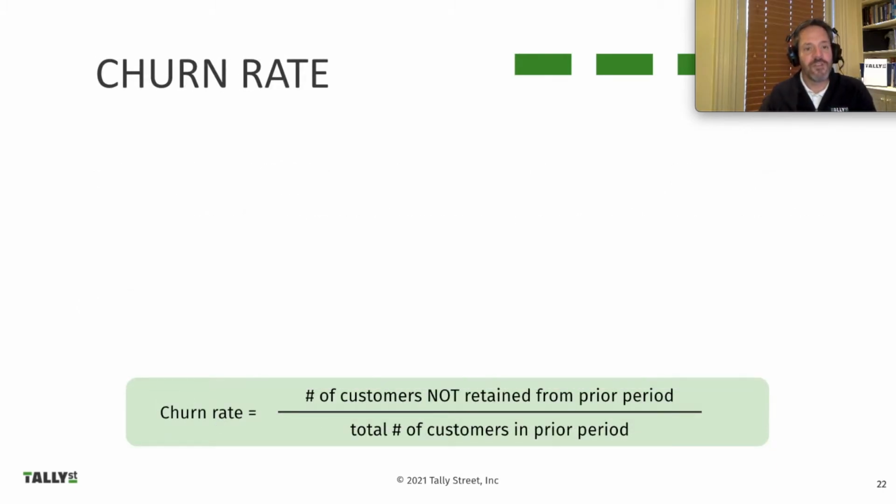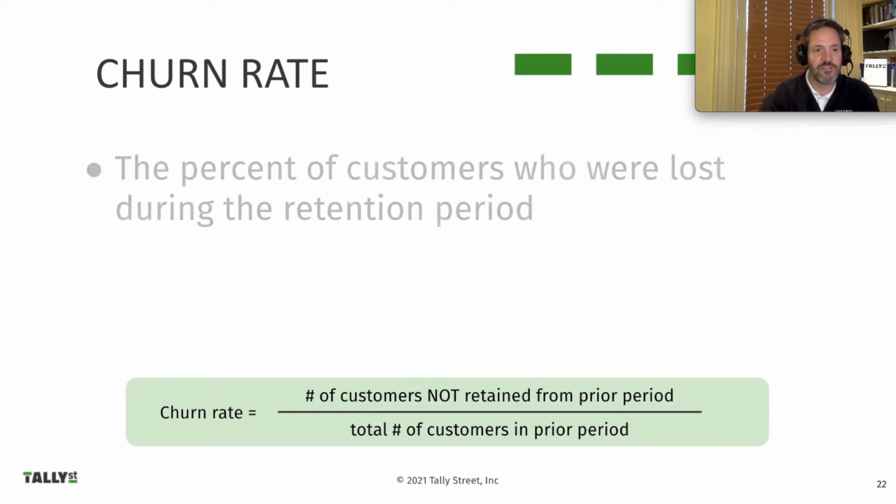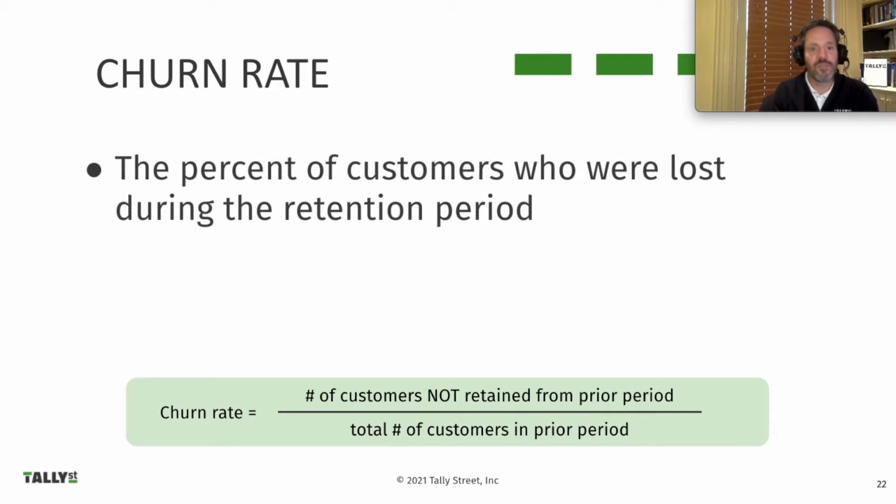So we talked about customer retention. Churn rate, which you'll often hear more, is just the opposite of customer retention. So churn rate is the percent of customers, again, who were lost during a retention period. So those who bought in a prior period but did not buy again during the most recent period.